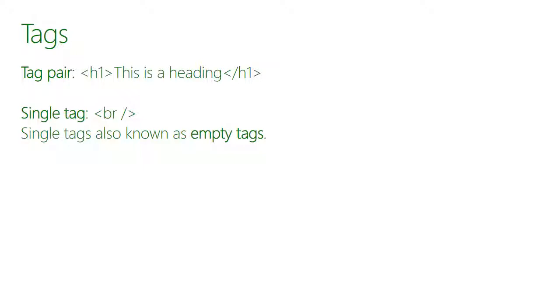That is an exception to the tag pair rule. A break is essentially a line break, signifying that you want to start a new line in the document. You can't really have an opening and a closing tag for that, because it's just a one-off thing that takes you into a new line. Those single tags are also known as empty tags.